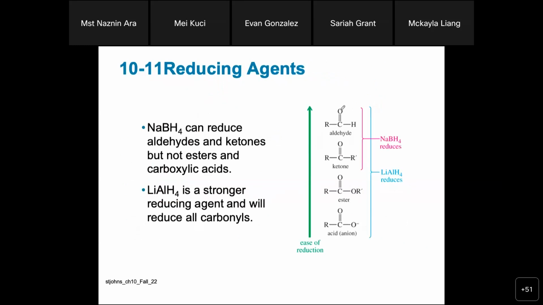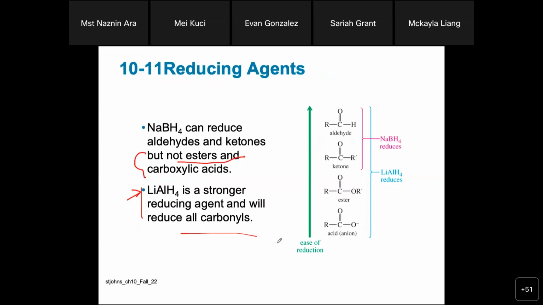Here we have NaBH4 can reduce aldehyde and ketone, but not ester. But lithium aluminum hydride is much stronger and can even reduce the ester. This is the difference between the two reagents.